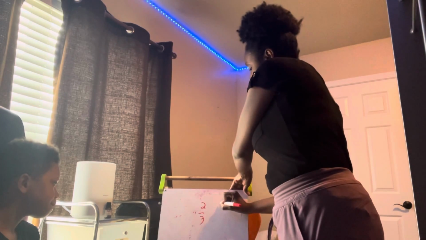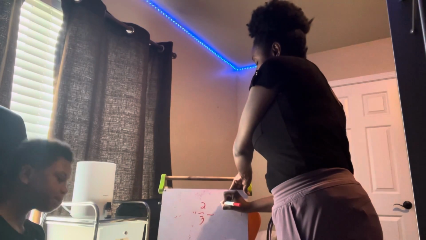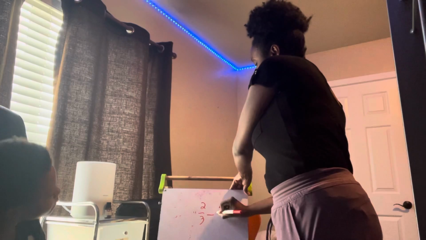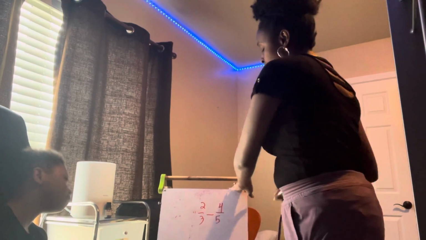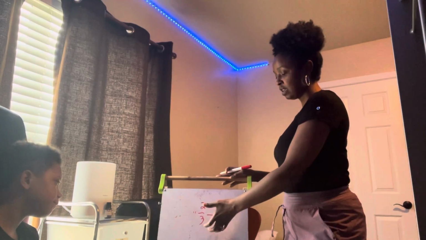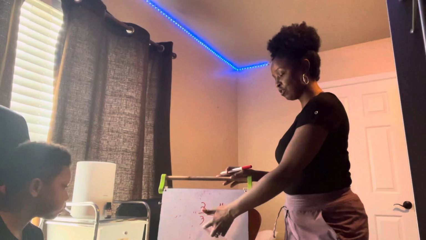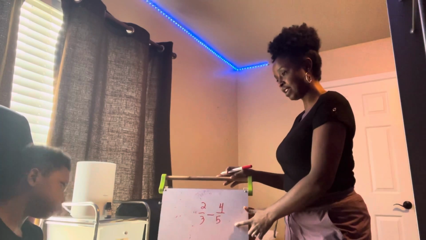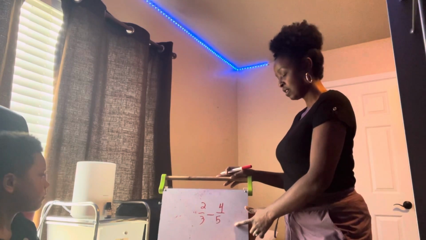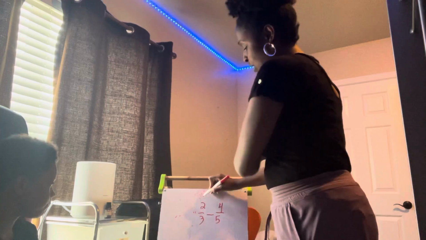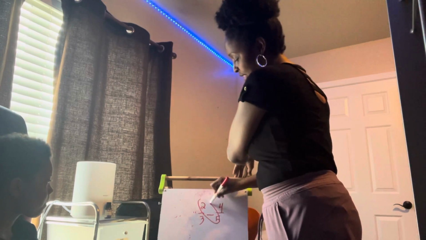2/3, is it greater than or less than 4/5? So what we don't know is they have different denominators. So do you know this answer by just looking at it? No. You don't. So the way we're going to do it is cross multiplication.